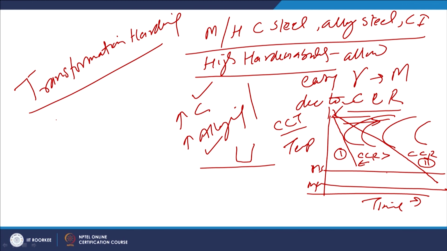Higher critical cooling rate means we need a higher cooling rate on the surfaces to facilitate the austenite to martensitic transformation. This is the MS line, and this is the zone where austenite to martensitic transformation will be taking place, and here complete austenite to martensitic transformation will be occurring.